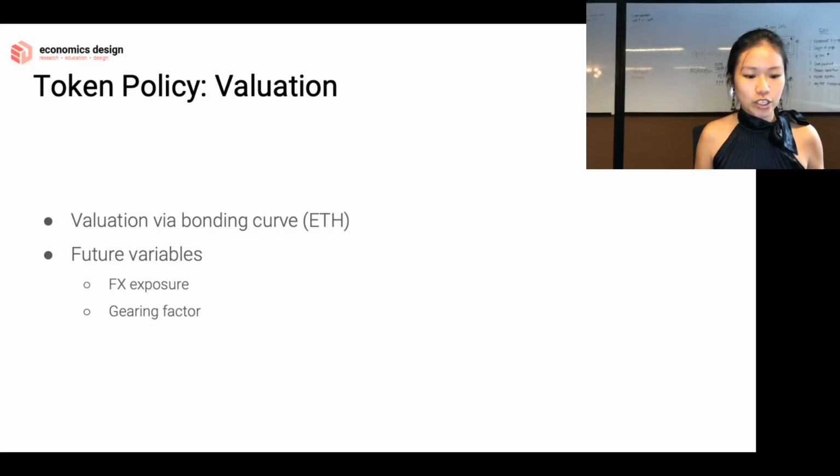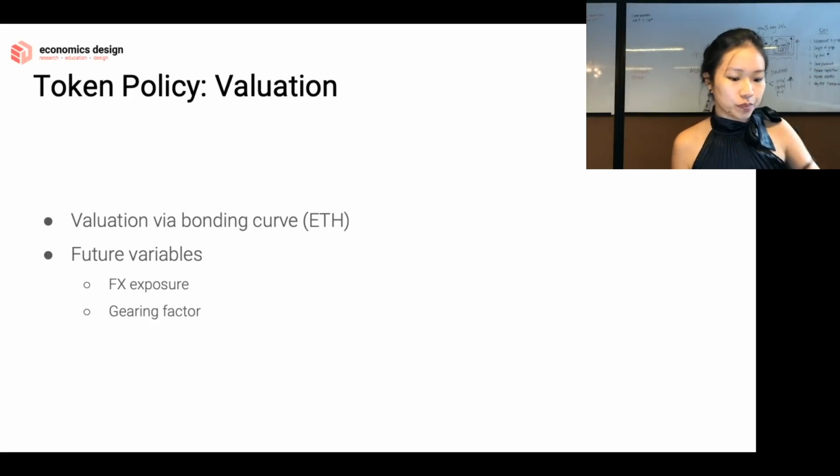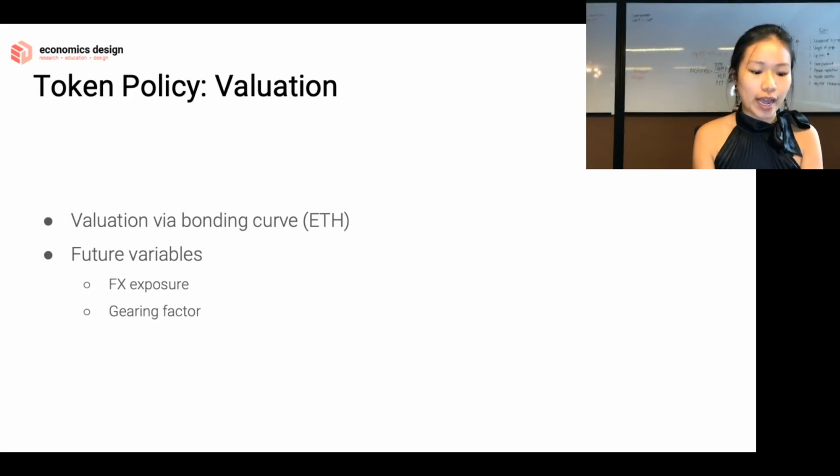And what about valuation? Again, the valuation is done via the bonding curve, and it's priced in ETH. And right now, the math is whatever we saw on the whiteboard. In the future, they're going to look at FX exposure. So in the future, other than ETH and NXM, you could have other currencies available to purchase with.